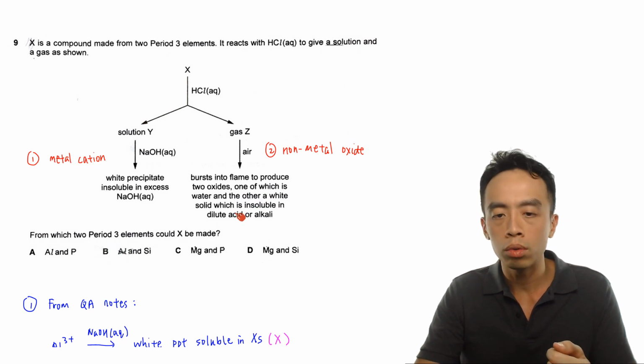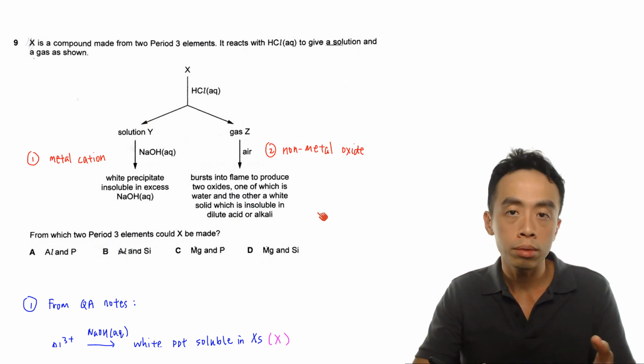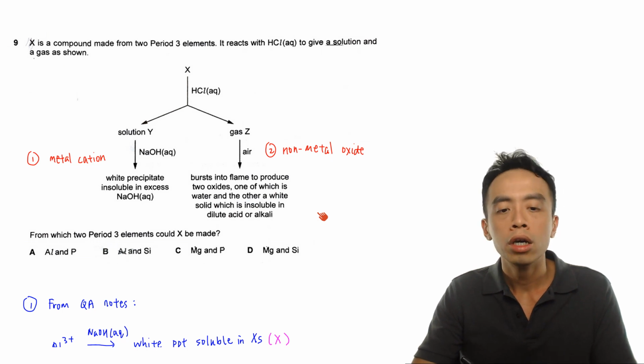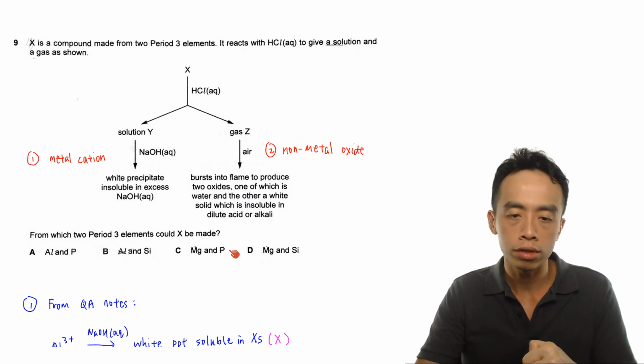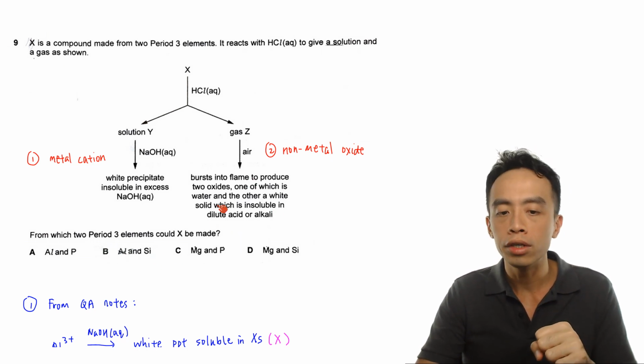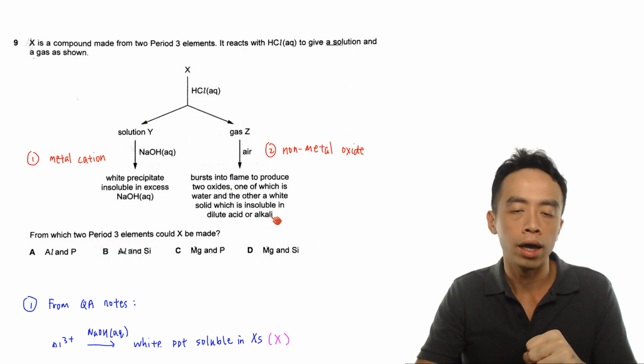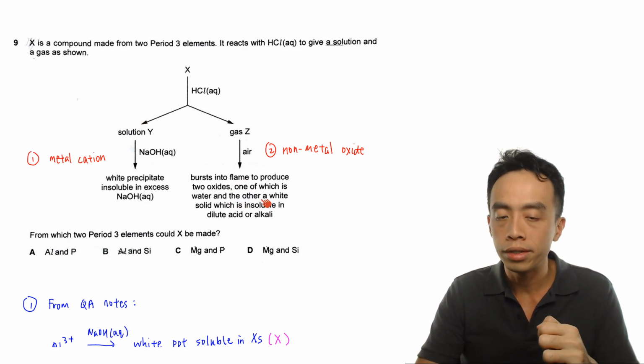So for this portion, we will use concepts in periodicity to determine which of these non-metal oxides, is it silicon oxide or phosphorus oxide, is insoluble in both acids and alkali. So we will talk about this subsequently.